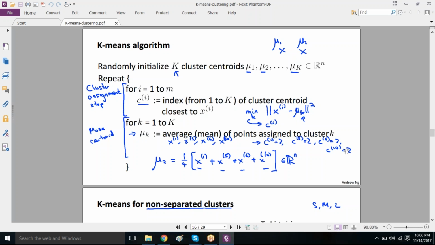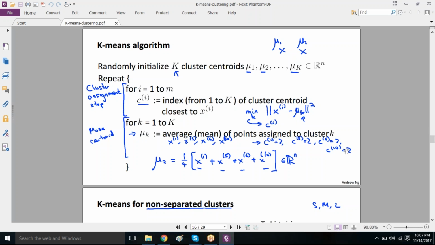In the centroid update step, you take the mean of all the points assigned to cluster k, the average of all of them. So there are two steps: cluster assignment and centroid update.